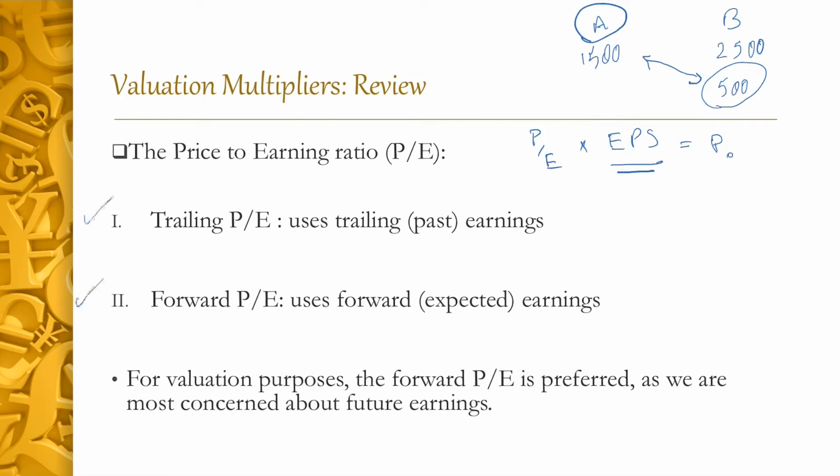When we use the expected earnings, we call that P/E ratio the forward P/E ratio. So the forward P/E ratio is P0 divided by earnings at time one, a year from now. And we said that for valuation purposes, we prefer the forward P/E ratio because we are more concerned about the future earnings of the firm.